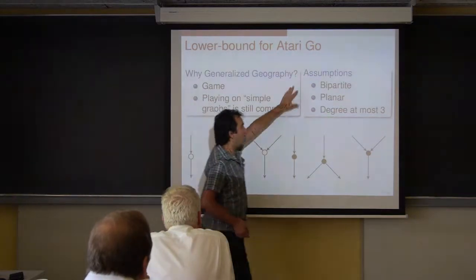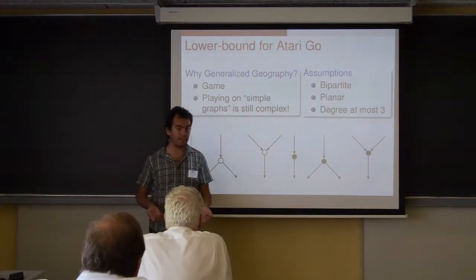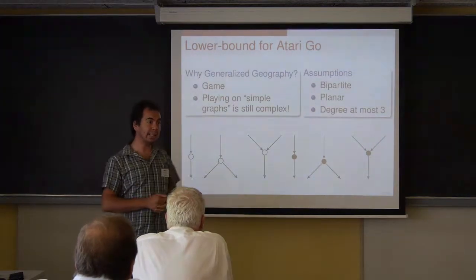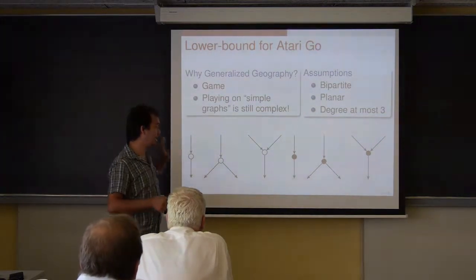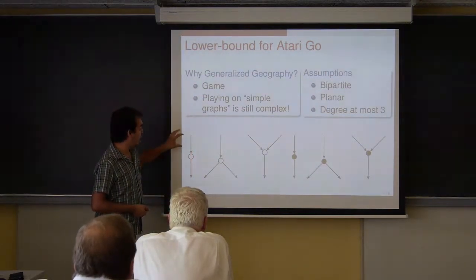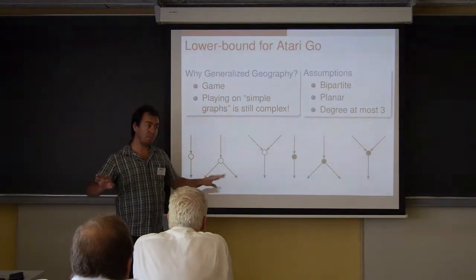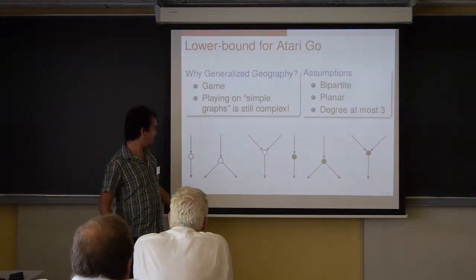And when we take all those assumptions together, what kind of graph do we get? We get a graph that has 6 types of important nodes. Because it's bipartite, you can split the nodes into two groups, white nodes and black nodes.